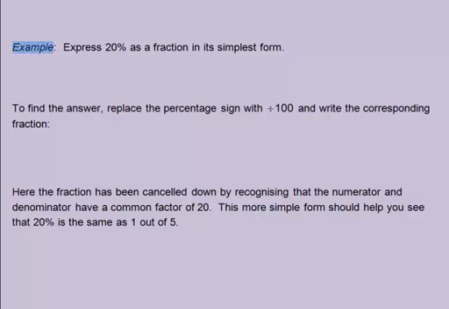Example. Express 20% as a fraction in its simplest form. To find the answer, replace the percentage sign with divide by 100 and write the corresponding fraction. So 20% equals 20 divided by 100, which equals 20 over 100, which equals 1 over 5 in simplest form.